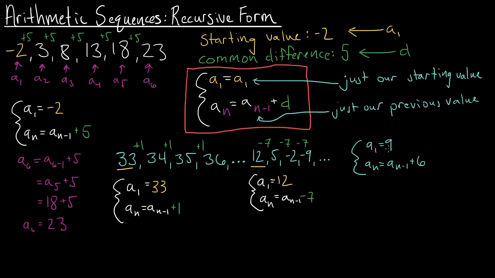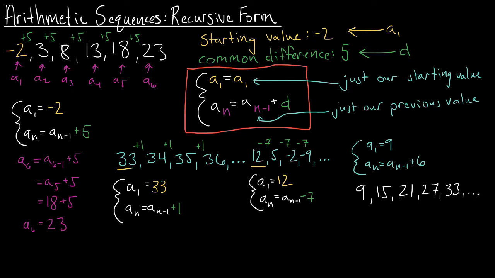I know that my starting value is 9, so I'm going to write out 9 here. And then I'm adding 6 at each step. So 9 plus 6 is 15. And then 15 plus 6 is 21. Let's write out a couple more. 21 plus 6 is equal to 27. 27 plus 6 is equal to 33, and so on.